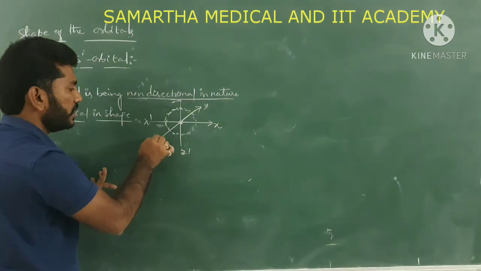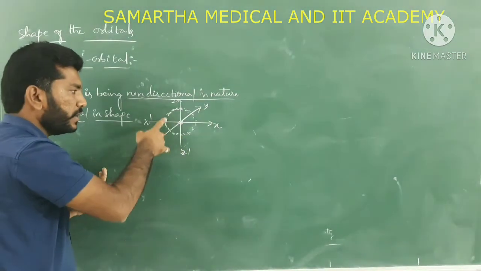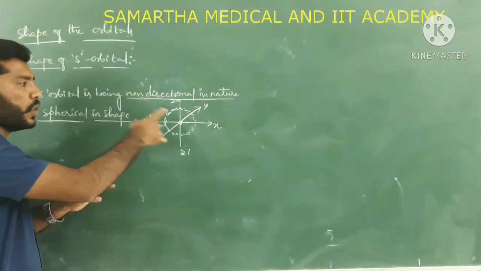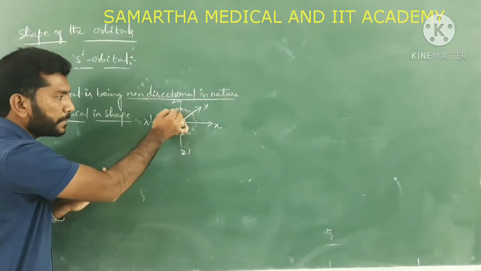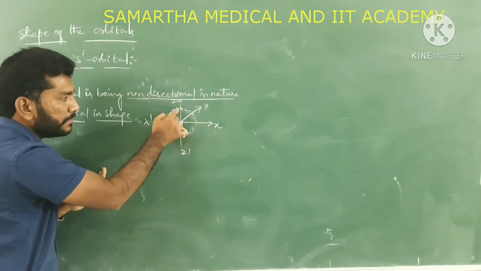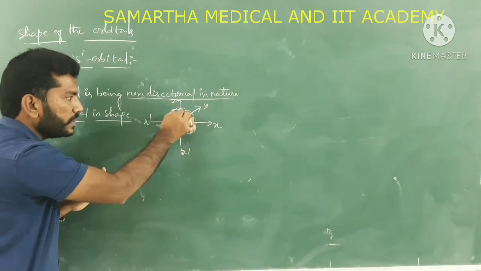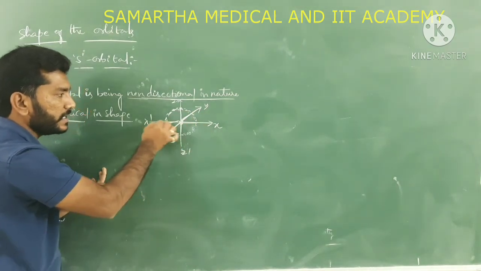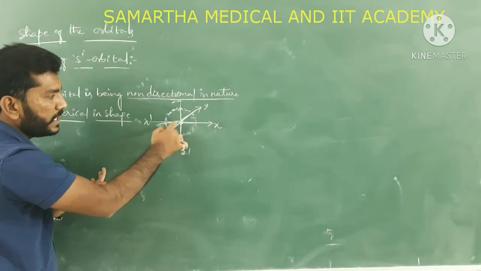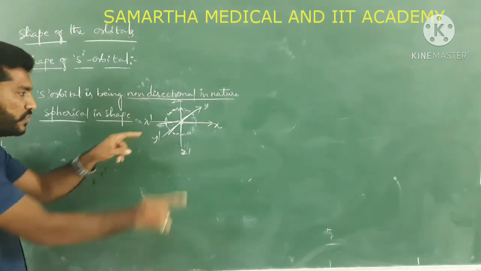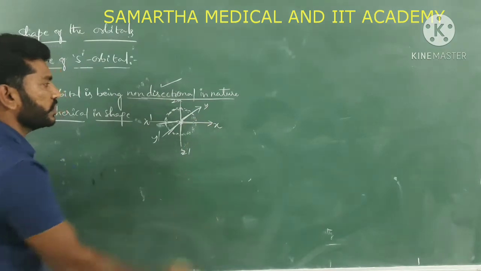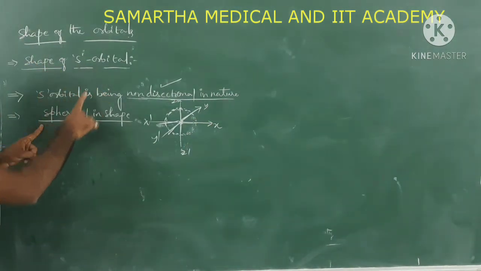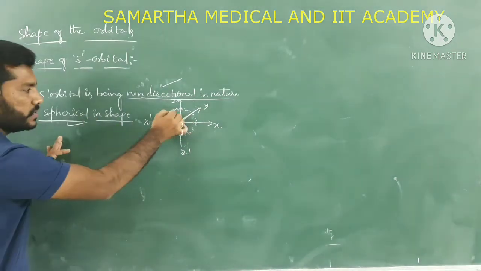This S orbital is spherical and non-directional in nature, which means the probability of finding the electron is at the same distance from the nucleus. You go in this direction, this direction, this direction, and this and this and this, the probability of finding the electron is the same distance from the nucleus. So this indicates that it is non-directional, and the shape of the S orbital is spherical.